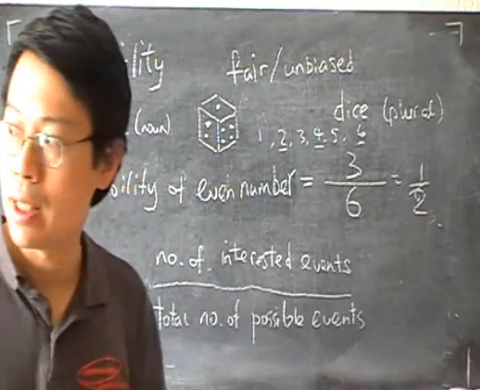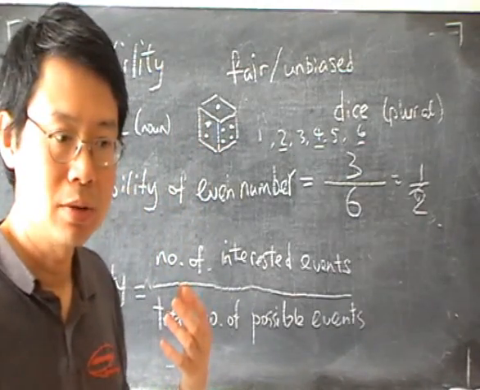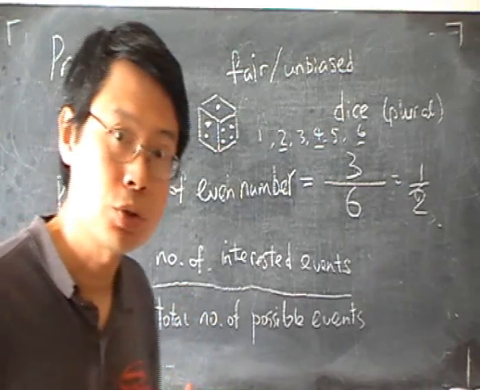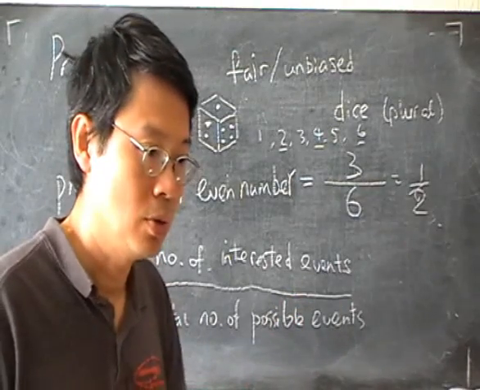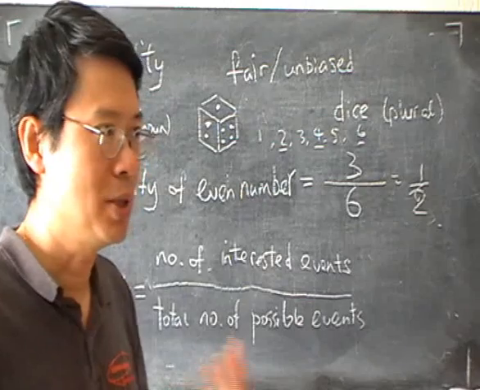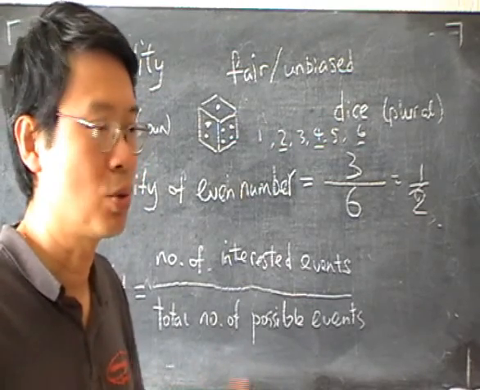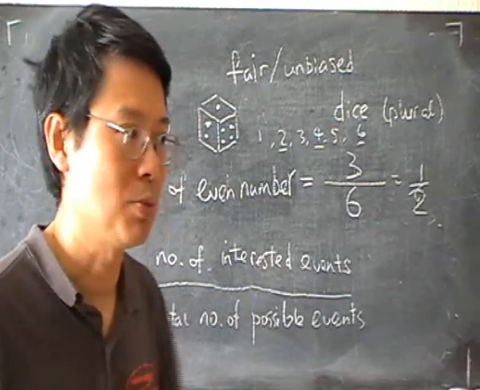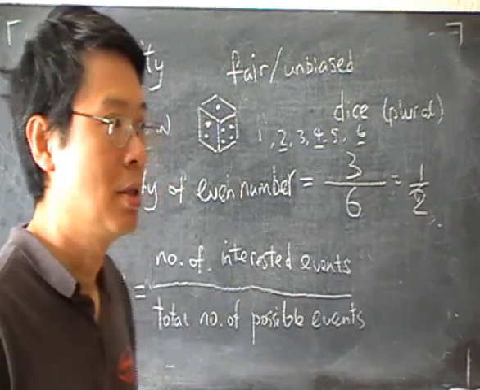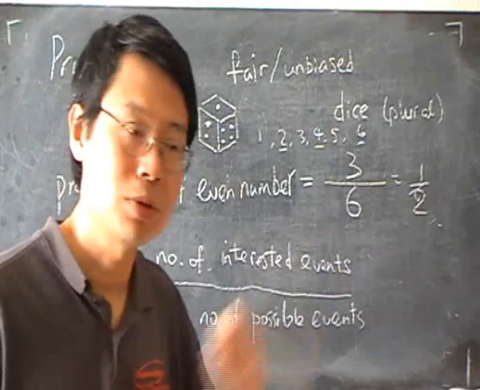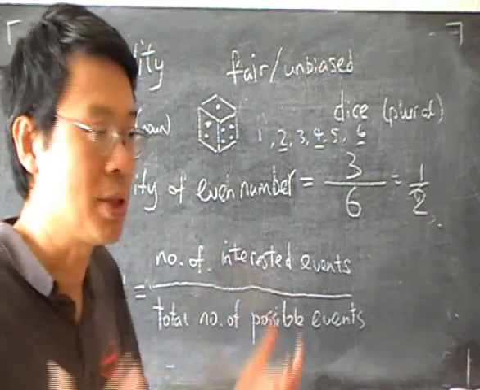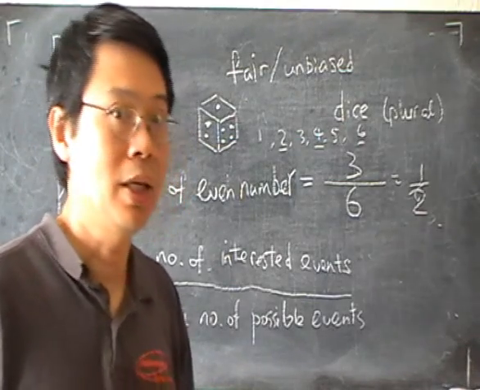And that's the idea that you may not be thinking of just tossing the coin or the die once. When you say half the time, that sort of means that you're thinking about tossing it a few times or many times. So if let's say you toss it 10 times and you count how many times you get a head when you toss a coin, you might think that half the time you get head.